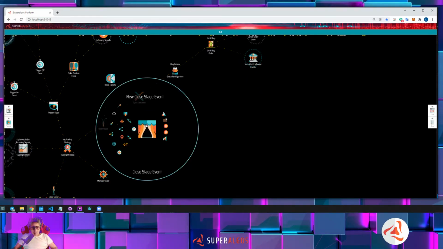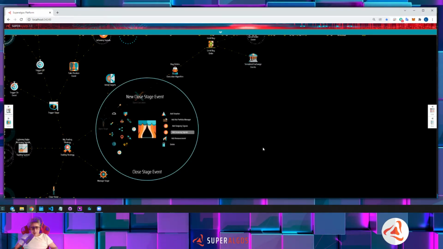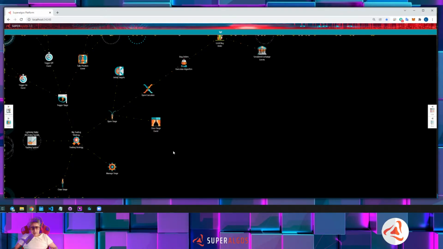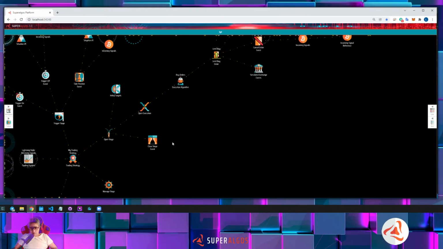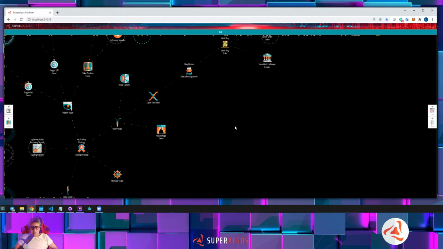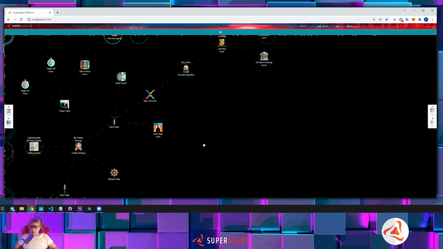So we also don't need the close stage event, because this is not part of the lightning strike strategy at all. I just added it in the previous episode to test that, or to define this type of signal. Okay, so we save here and we go to the manage stage.